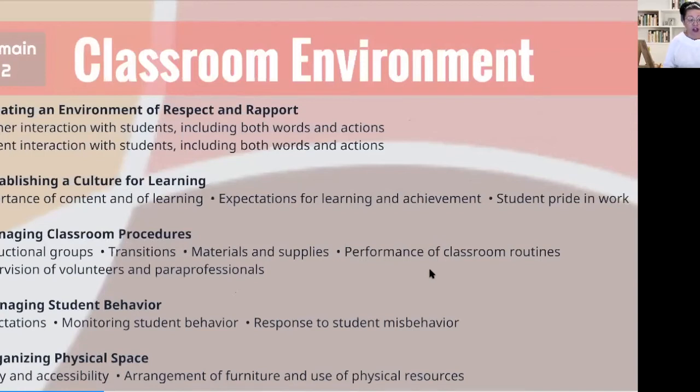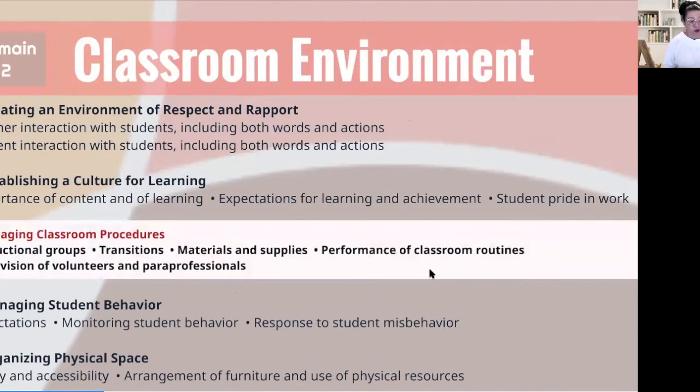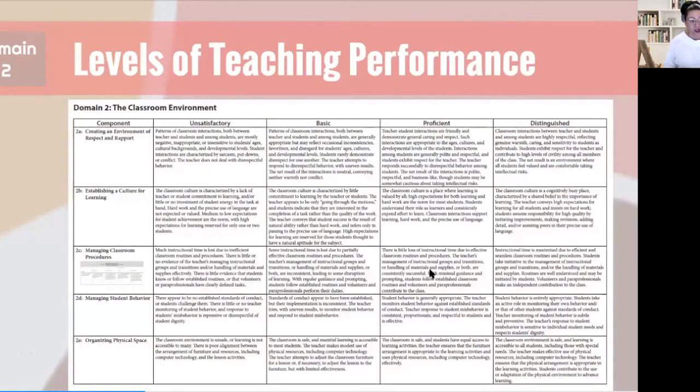Again, there are specific elements that further define each component and specify what is being observed. And if we focus on 2C, managing classroom procedures, the elements really focus on instructional groups, how they're being managed in that culture of learning, in that environment, our transitions, how we're using materials and supplies, our performance of classroom routines, and the supervision of volunteers and/or paraprofessionals in your classroom.